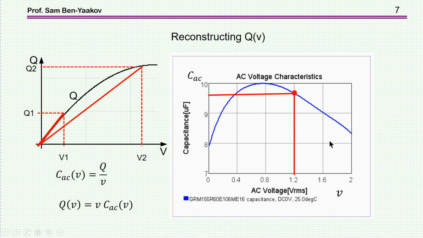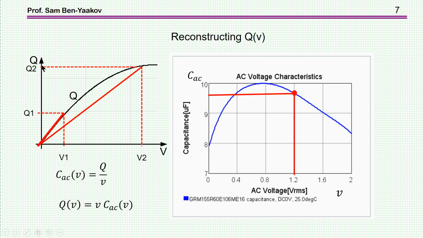The first step that we need to take is to reconstruct this very basic curve, Q as a function of V, this curve here. As it turns out, you can build it from the large signal capacitor. Now here is how we are going to do it. Let's take this point as an example on the Q as a function of V curve.